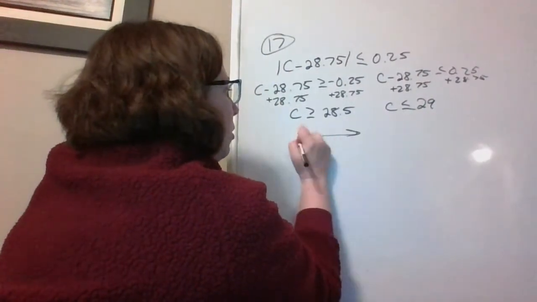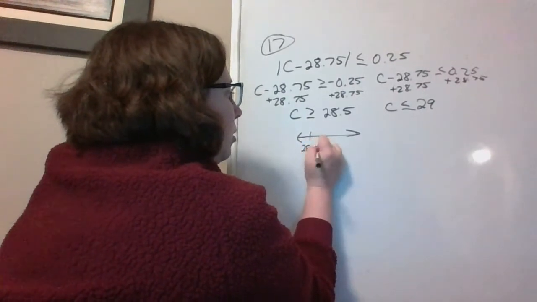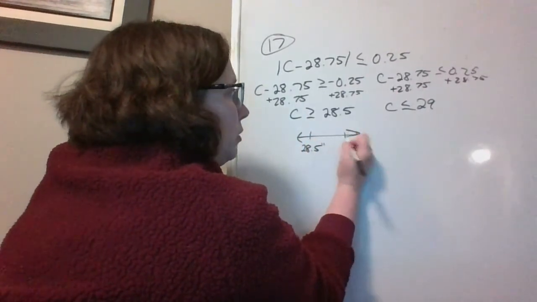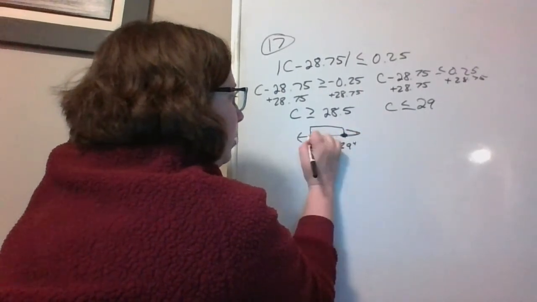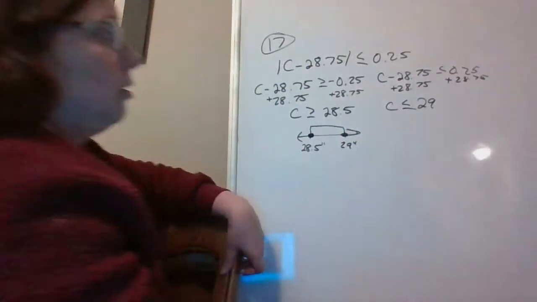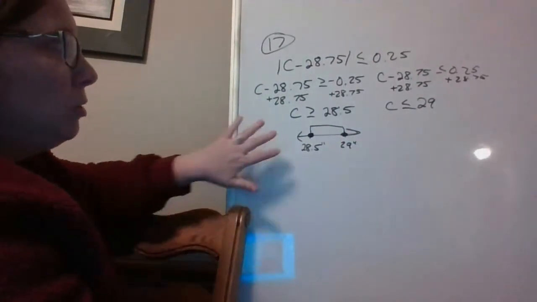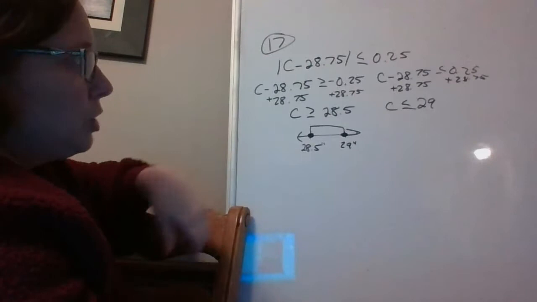So our basketball can be between 28.5 inches and 29 inches inclusive, meaning closed circles, and it's an and. That one was a word problem, so you don't have to check it.